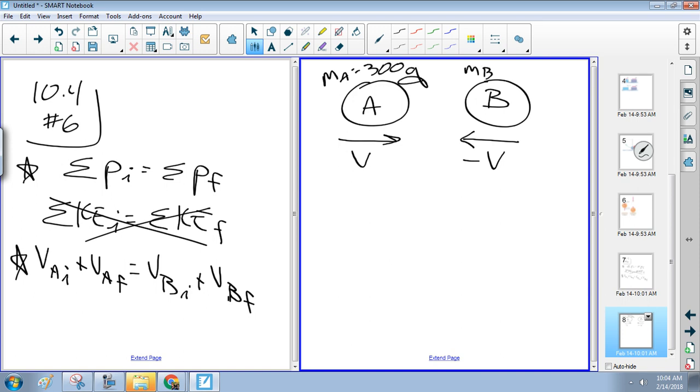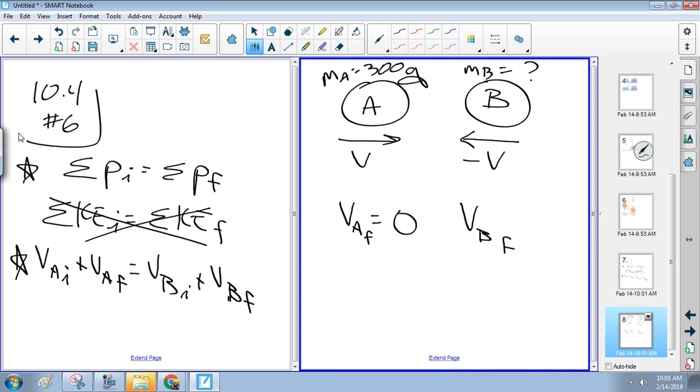Mass of B, something. After the collision, one of the spheres whose mass is 300 grams remains at rest. So here, the velocity of A final is 0. We don't know the velocity of B final. Good?